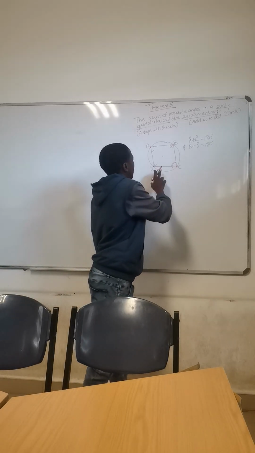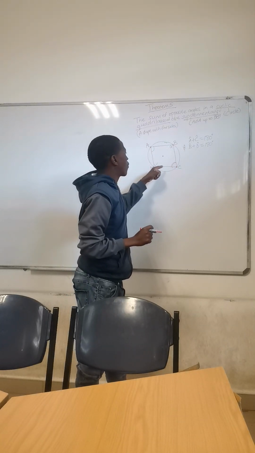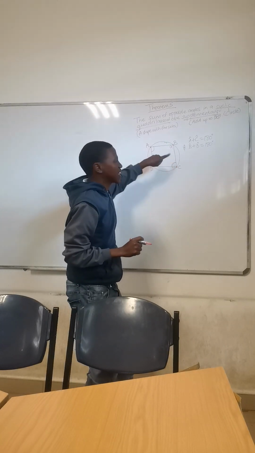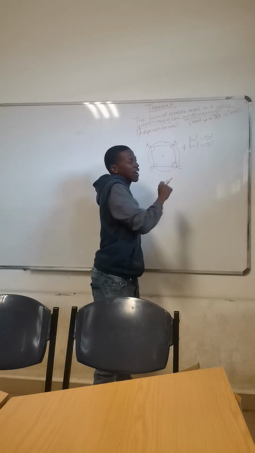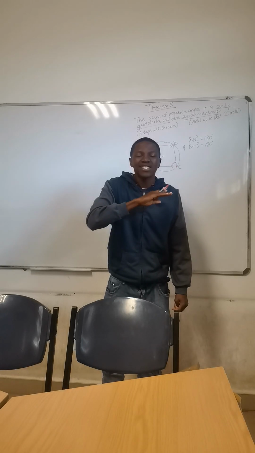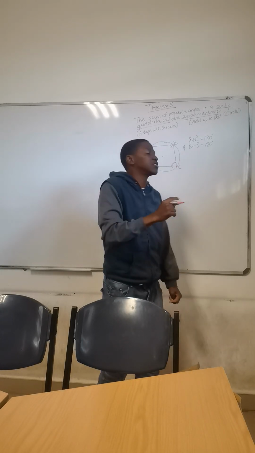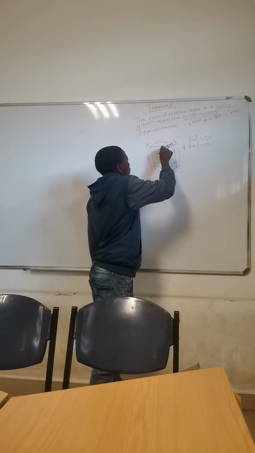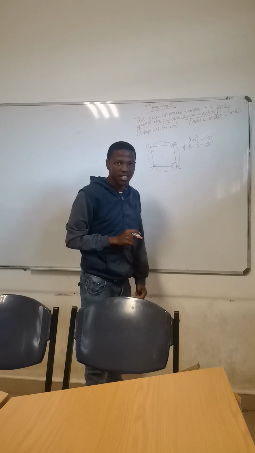Here we talk about cyclic quads, whereby all 4 points, all 4 corners must touch the circumference. But if one doesn't touch the circumference, just know that it is not a cyclic quad. For it to be a cyclic quad, it must touch the circumference at all corners.